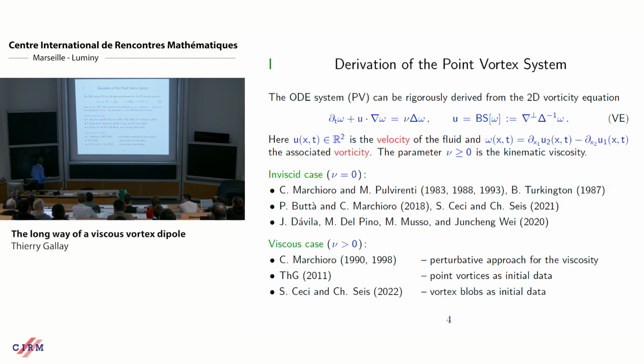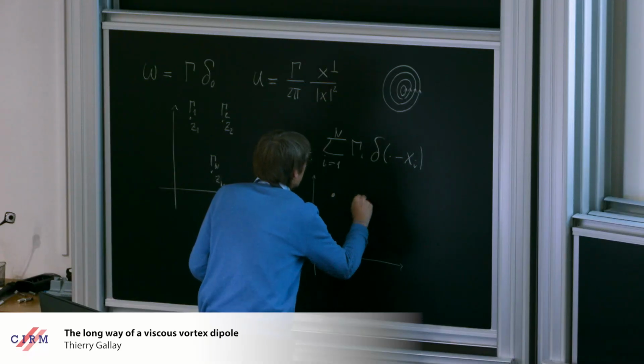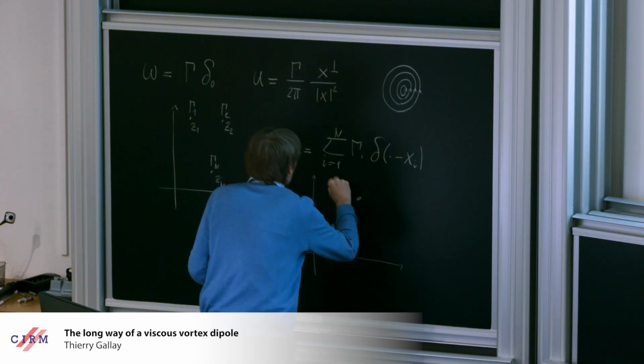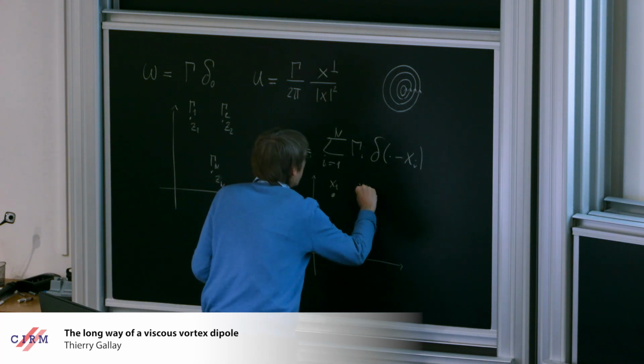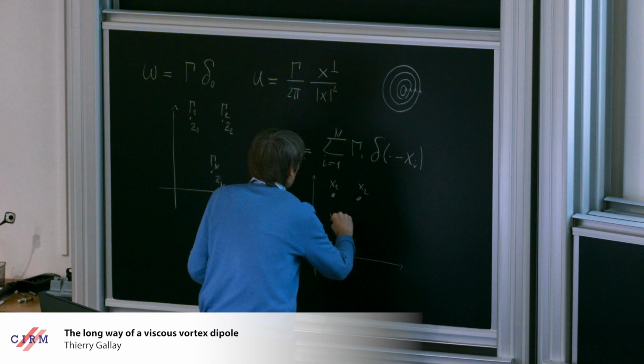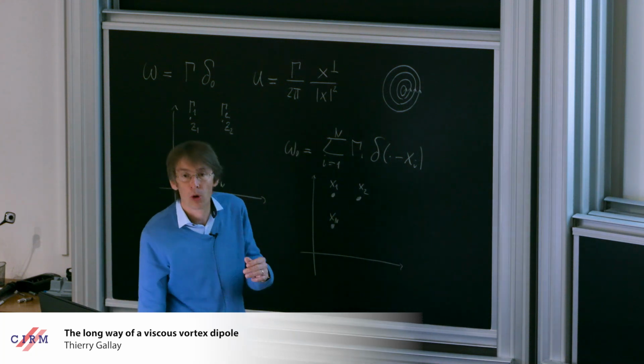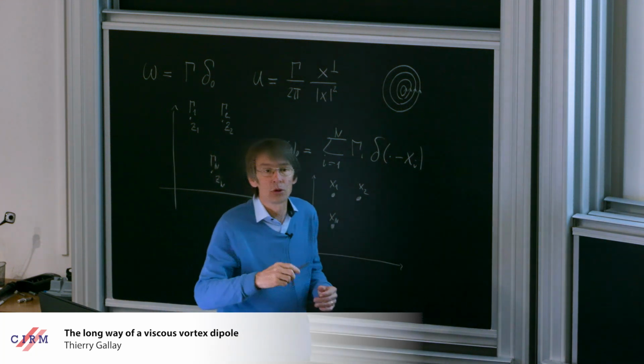So the idea is that instead of starting with initial data which are really point masses, you consider some vortex blobs, okay? They are located near some points x1, x2, xn, but they are no longer Dirac masses, they have some support, some size epsilon, it's a vortex blob.